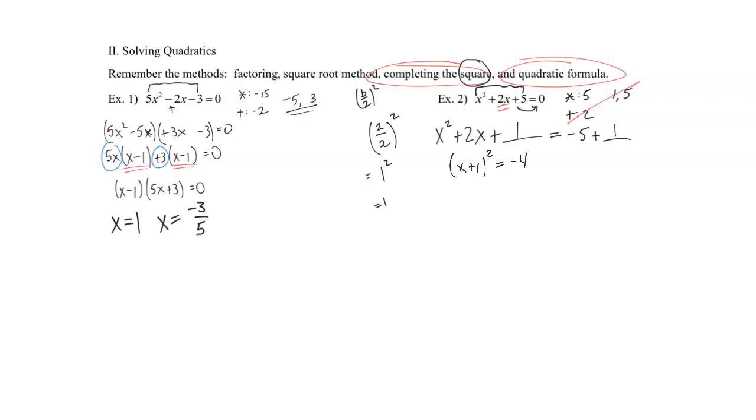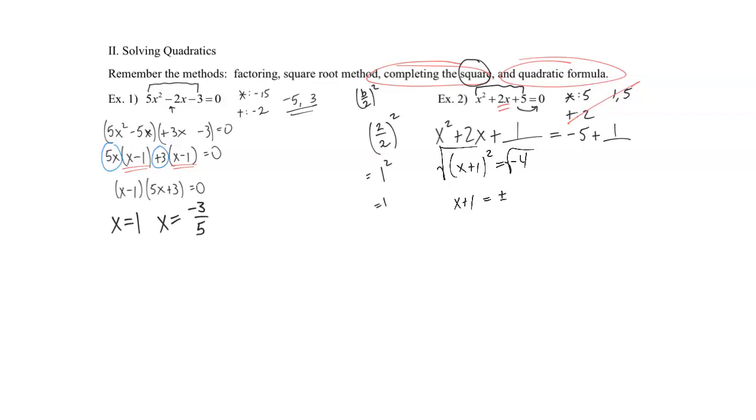And now I am going to take the square root of both sides. Now, when you take the square root of both sides, the squared is going to cancel, and I'm going to be left with plus or minus on the right-hand side. I'm going to have 2 answers here. The square root of negative 4.